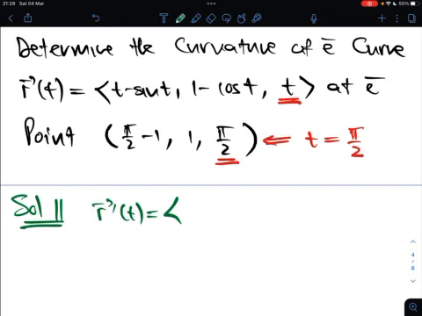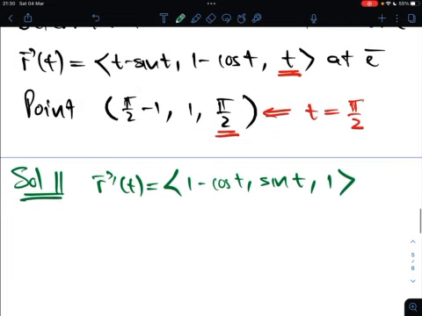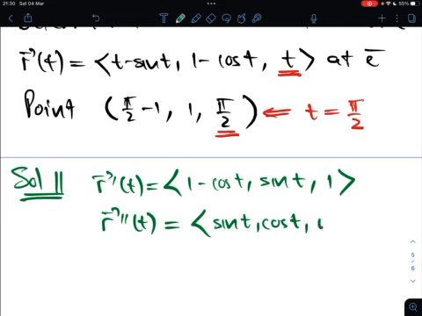We see r prime of t is just 1 minus cos t, sine t, and 1. The other thing we can do is differentiate again to get the second derivative, which is going to be sine t, cos t, 0.